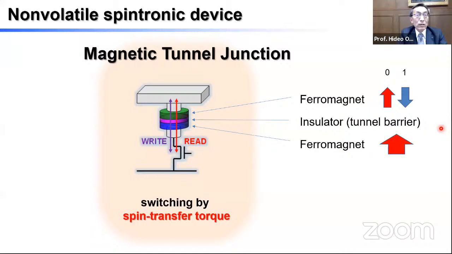The insulator is thin enough that electrons can tunnel through it. And the device has high resistance if the magnetizations are parallel to each other, and low resistance when the magnetizations are anti-parallel to each other.